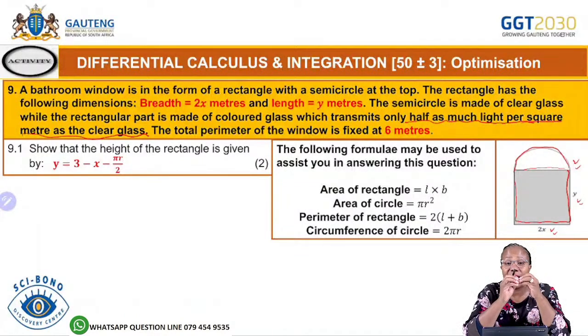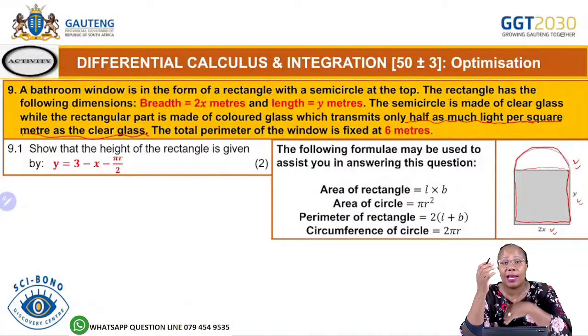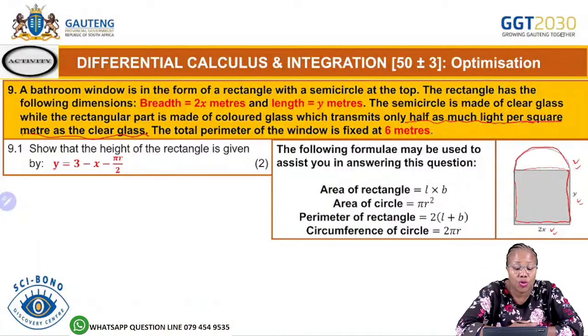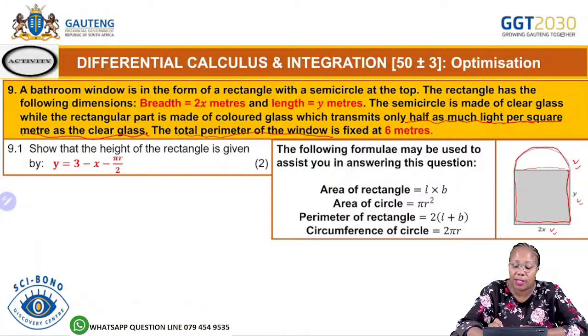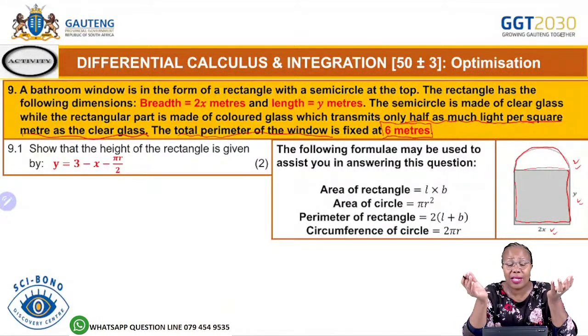So that means the clear one is transmitting more light because it is transparent, but the colored one is transmitting half of what the clear part is transmitting into the bathroom. And then the total perimeter of this whole window, the rectangular part with the semicircle part, is 6 meters. Now we understand our statement.